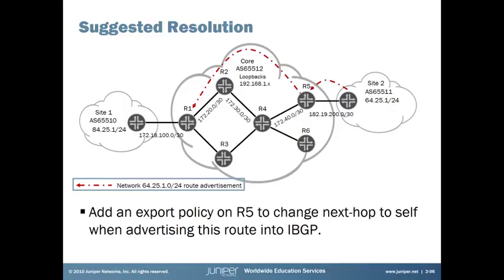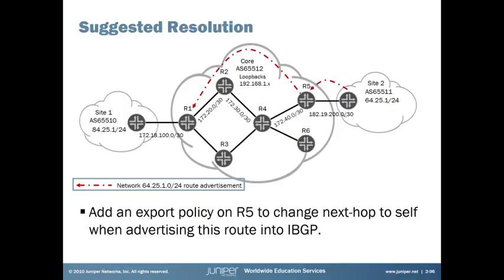So R5 receives this advertisement. Now R5 is perfectly fine with that because R5 has a point-to-point link to that particular network. R5 has a direct route to that network by virtue of the fact that its interface that connects to site 2 is participating in that network.